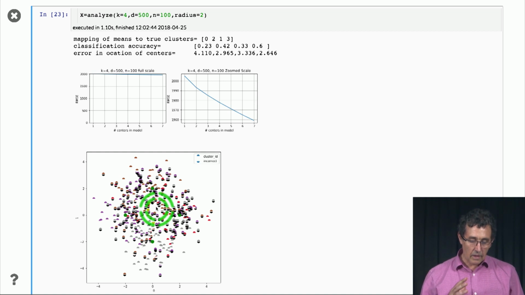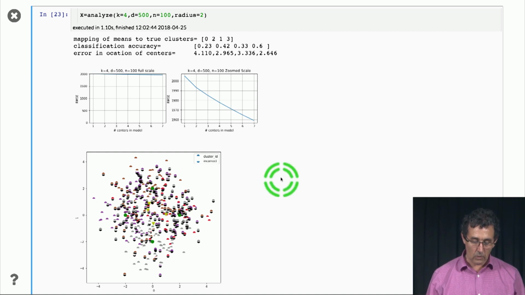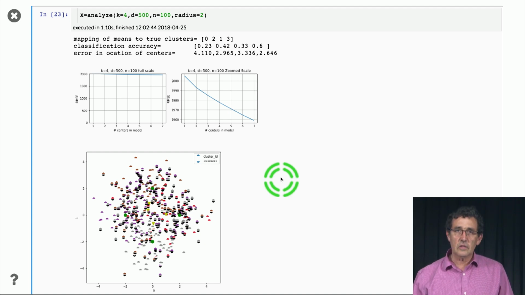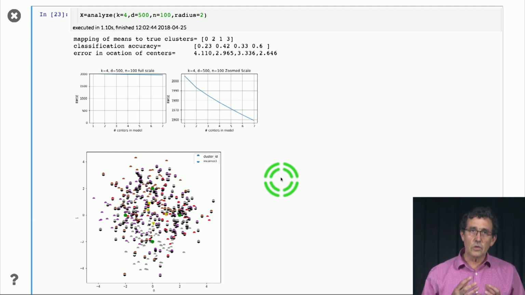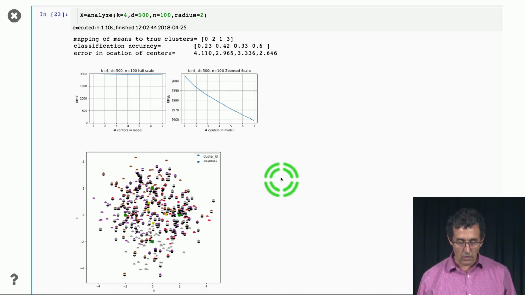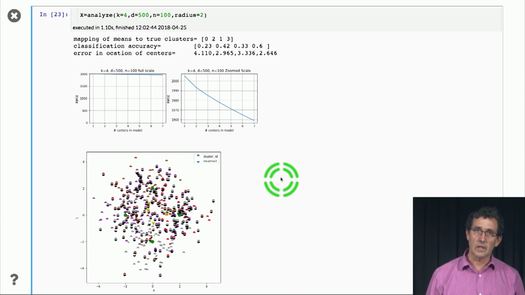So they have nothing to do with the plane on which the 4 examples live, or the 4 centers live. So at this ratio of dimension to number of examples, it is next to impossible to find any structure, not to mention finding where the k-means are.